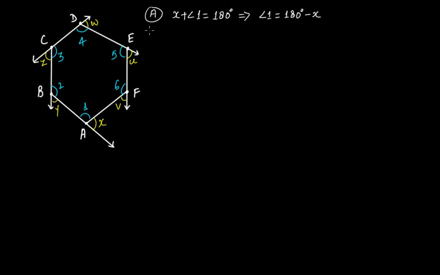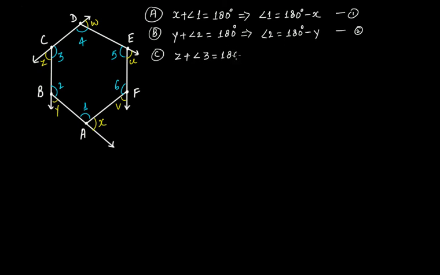From vertex B you get Y plus angle 2 is equal to 180 degrees because of linear pair, and therefore angle 2 is equal to 180 degrees minus Y. Equation 1, equation 2. From vertex C you get Z plus angle 3 is equal to 180 degrees.